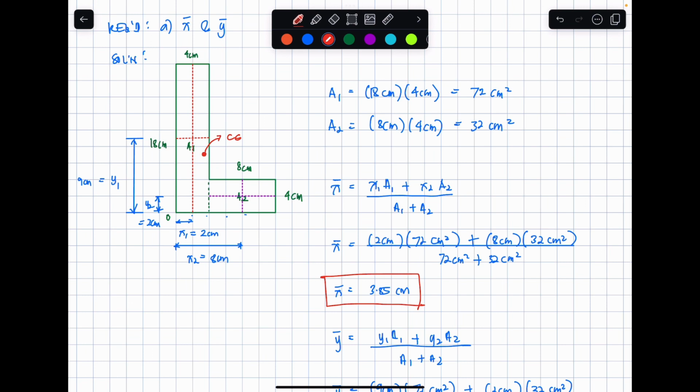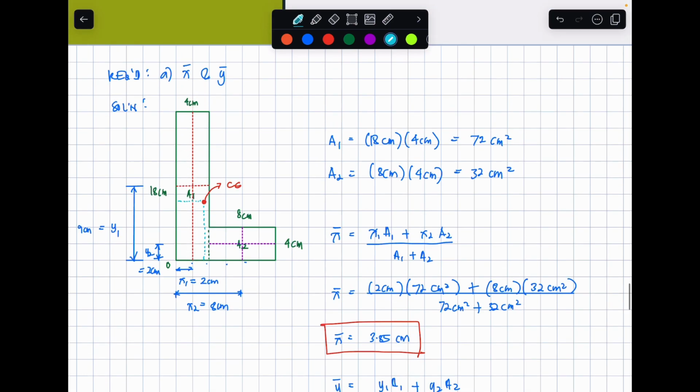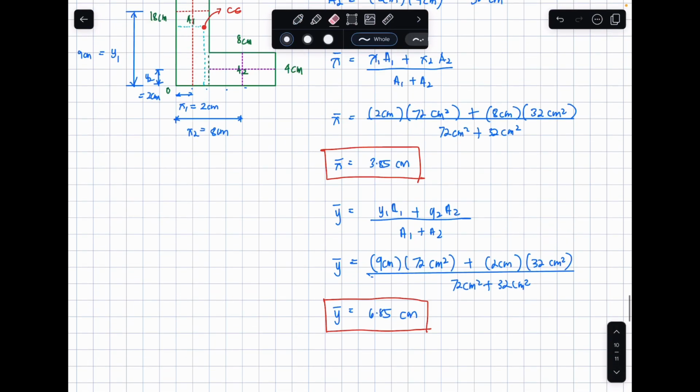That is the center of gravity, which is approximately 3.85 and 6.85. And that's it.